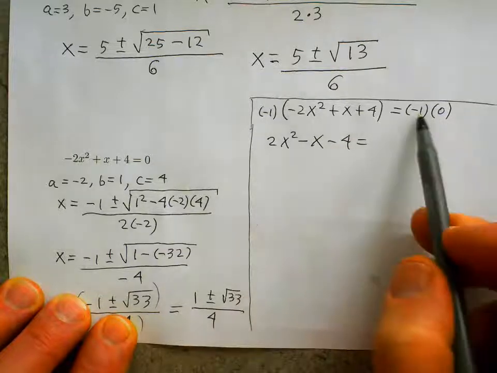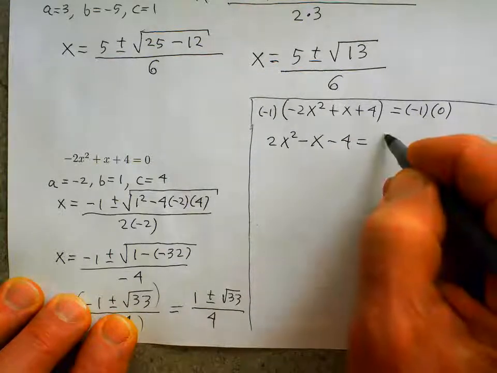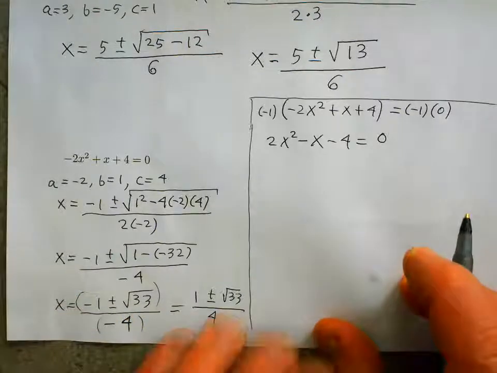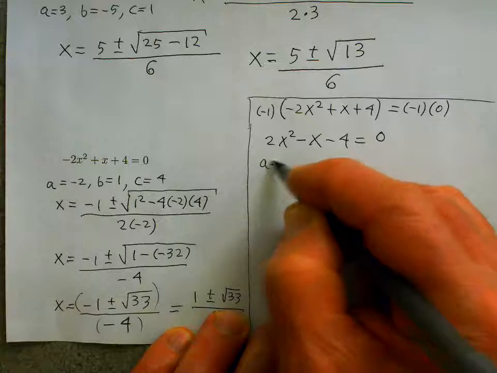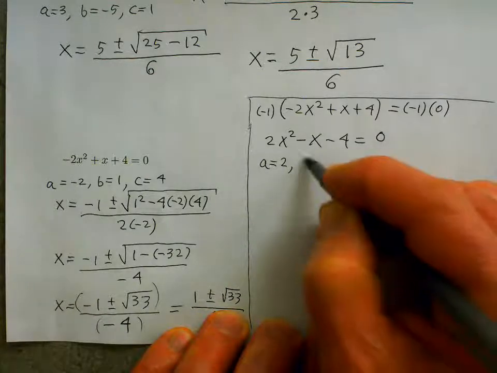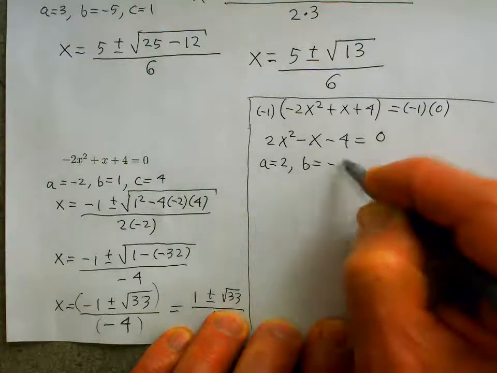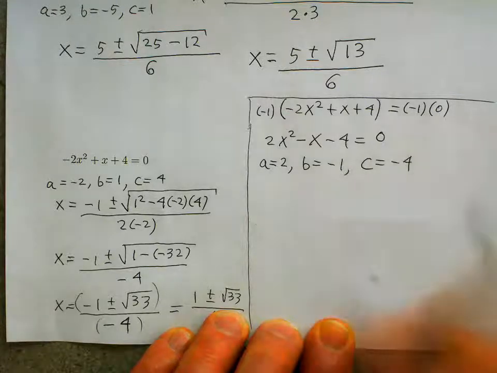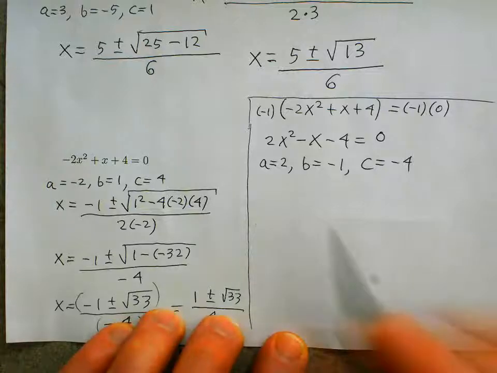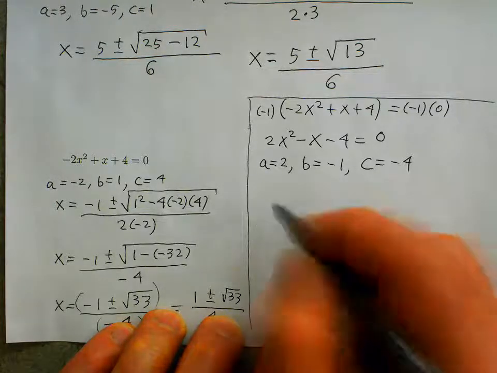And on the right-hand side, -1 times 0 is still 0. So for this quadratic equation, we're using a equals +2, b equals -1, and c equals -4. And then we use the quadratic formula.